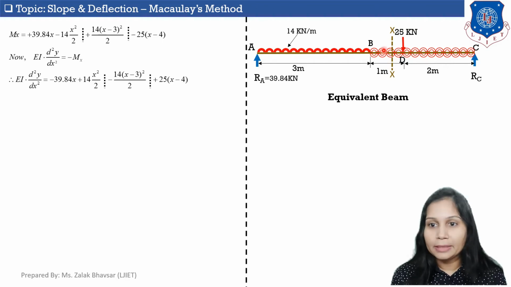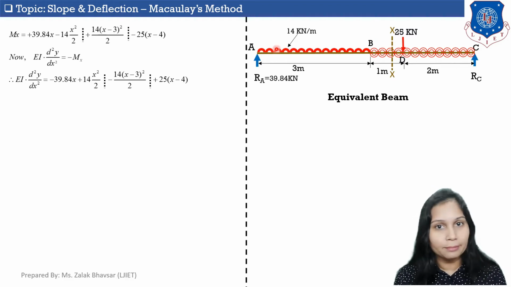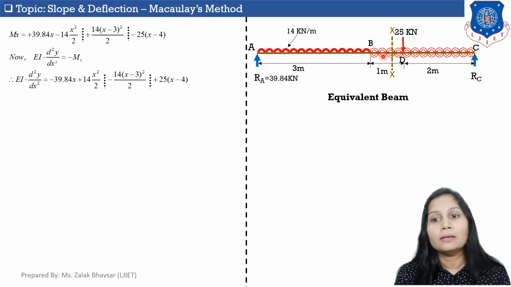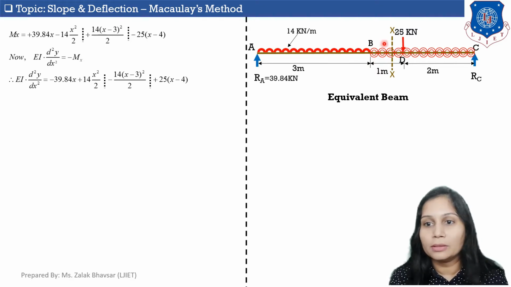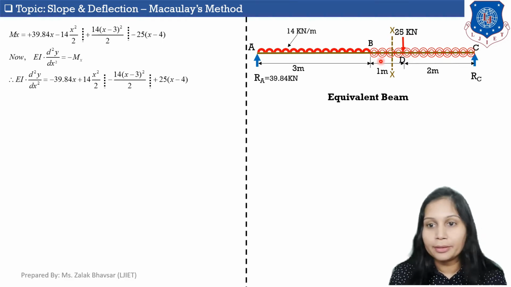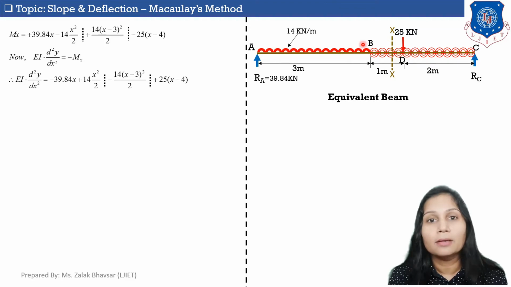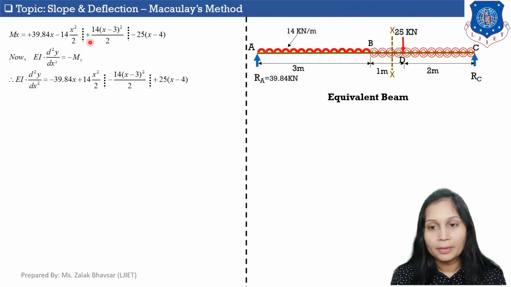In part BD, this downward UDL of 14 kilonewton per meter is already calculated in part AB. So let's calculate the moment of this upward UDL of 14 kilonewton per meter about this section XX. This UDL is acting in an upward direction, so it will create a clockwise moment. So I am putting a plus sign over here.